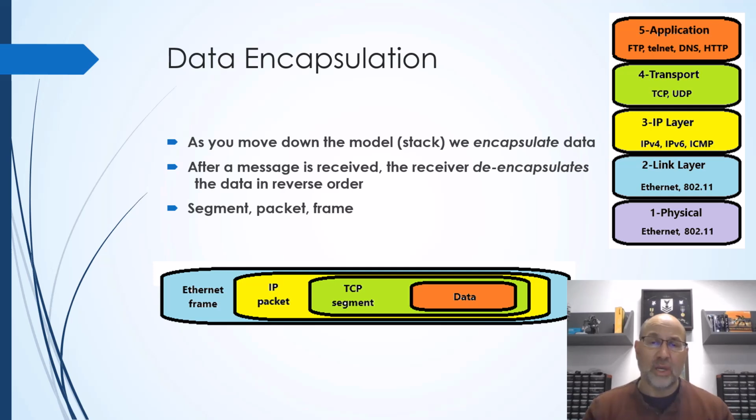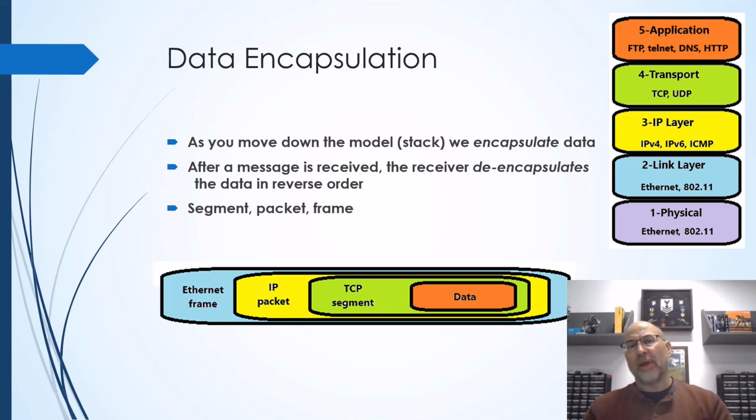So whenever you hear in this series or you're reading and you see the phrase or the word frames, you know that's a layer 2 thing. When you see packet, you know that's layer 3, and when you see segment, you know that that's layer 4. When you're sending something, you encapsulate on the way down the stack. So that should make sense so that you can send it across the network in an Ethernet frame.